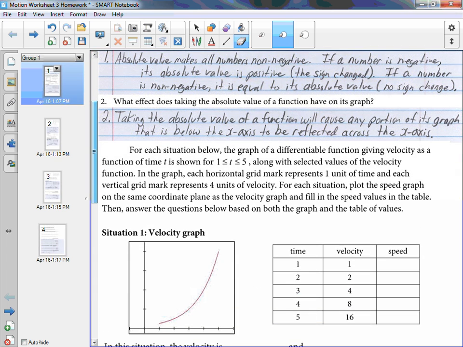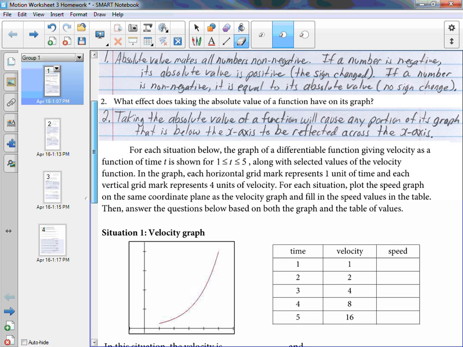And now the work begins. For each situation below, the graph of a differentiable function giving velocity as a function of time t is shown, where 1 is less than or equal to t and t is less than or equal to 5, along with selected values of the velocity function.